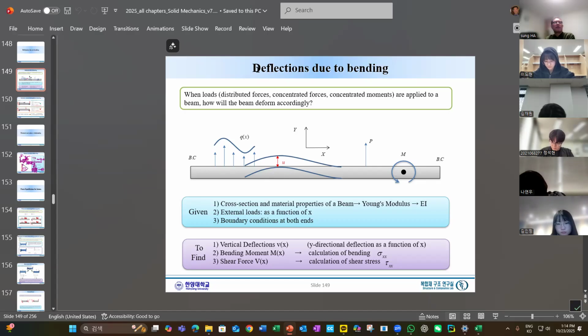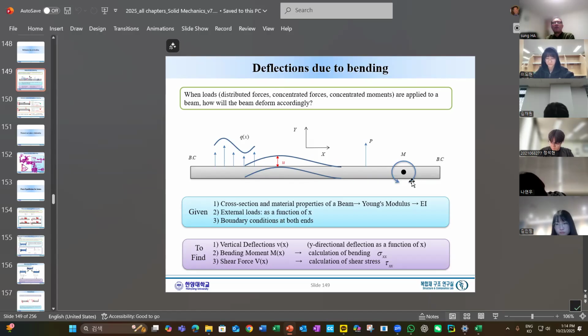Now, what we mean by the deflection is given as a deformation like this. The coordinates we are going to use are x along the beam and y in the vertical direction. P is the vertical load, a concentrated load.